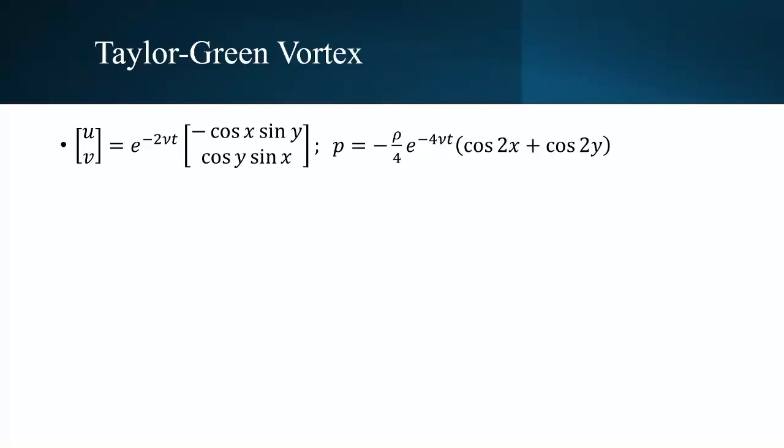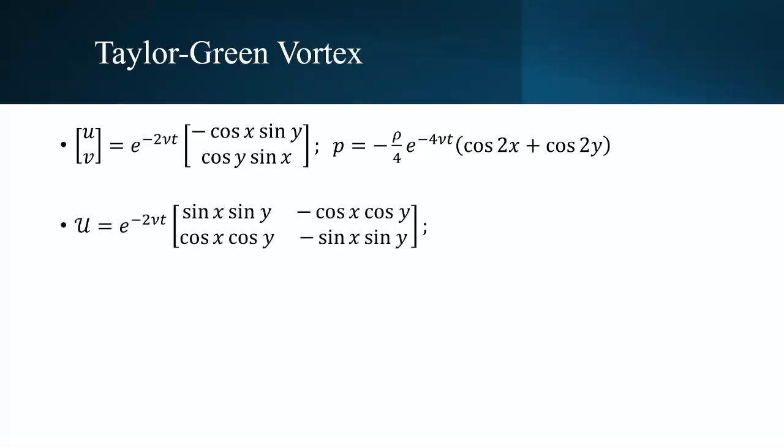And here the pressure equals negative density rho over 4 e to the negative 4 nu t times cosine 2x plus cosine 2y. We can find the velocity gradient matrix by simply taking partial derivatives on x and on y. So this is what we got.